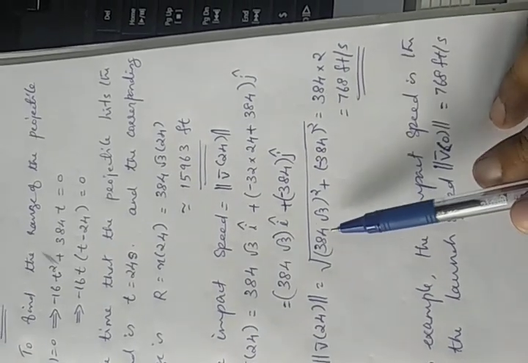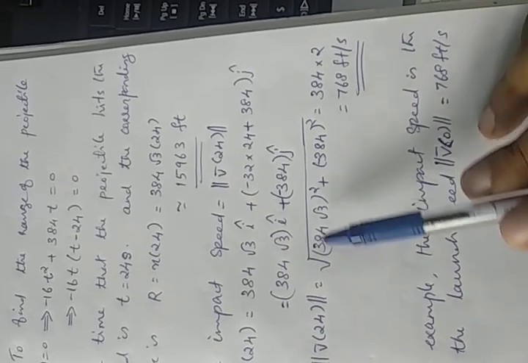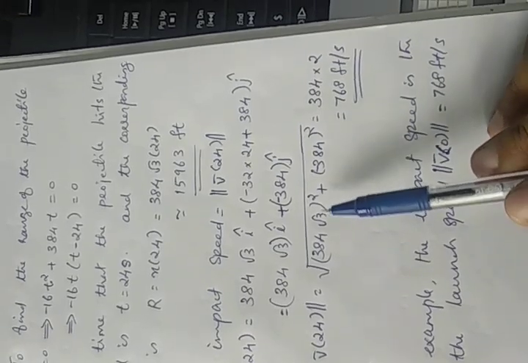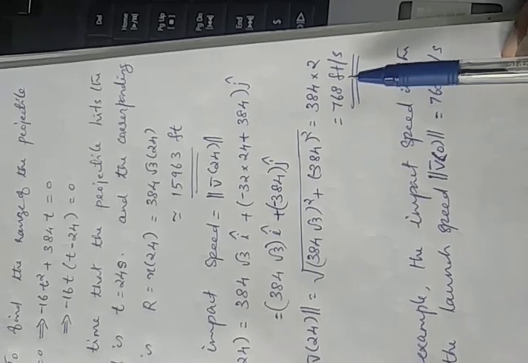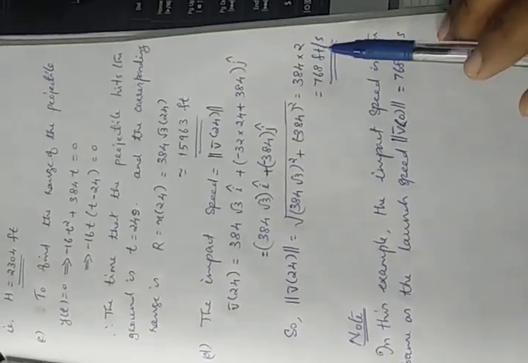Here 384 squared is a common constant, so taking it outside we get 384 times the square root of 3 plus 1. So we get 384 into 2, that is equal to 768 feet per second.